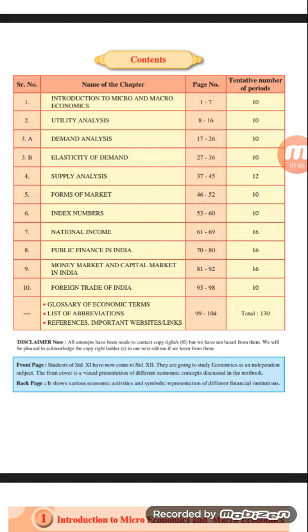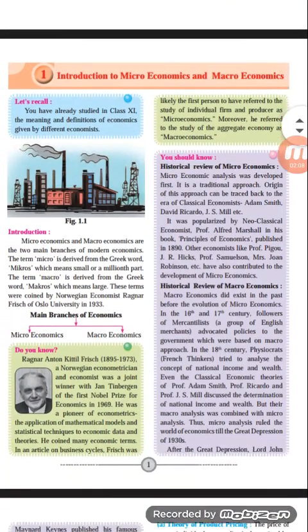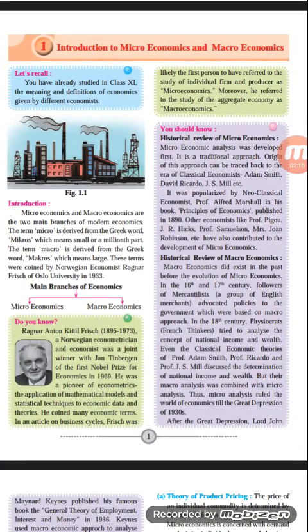So I hope that you all have got the knowledge about the new chapters and the old chapters. Now let us start with chapter number 1, that is introduction to micro and macroeconomics. Let us see the introduction. Microeconomics and macroeconomics are the two main branches of modern economics.